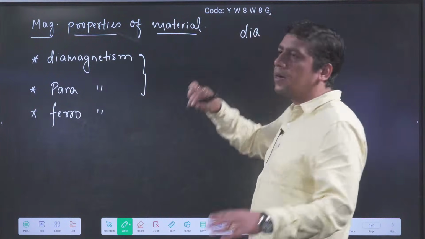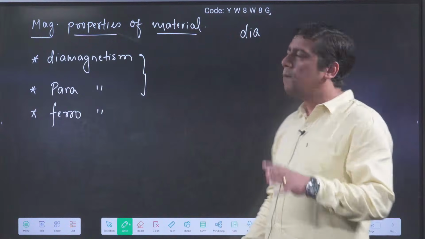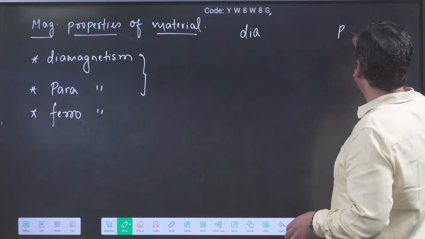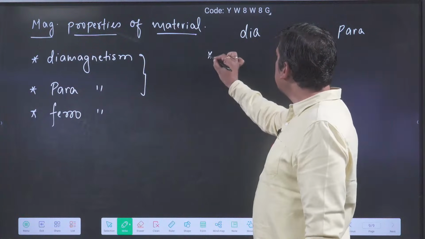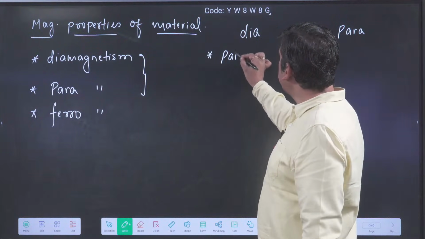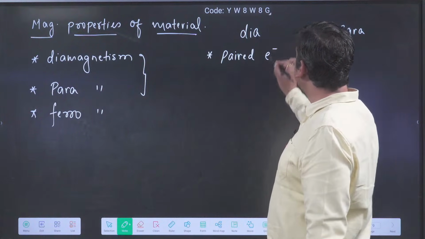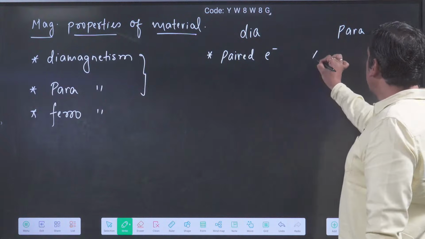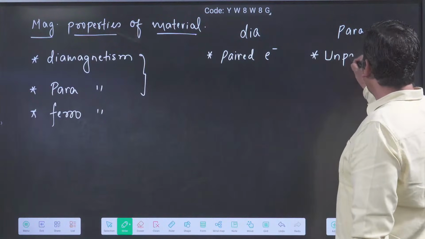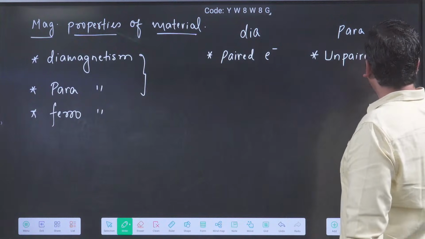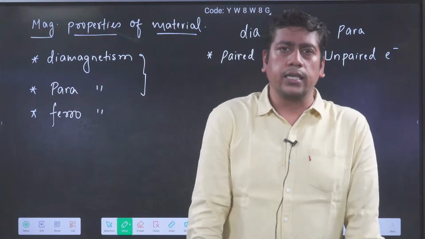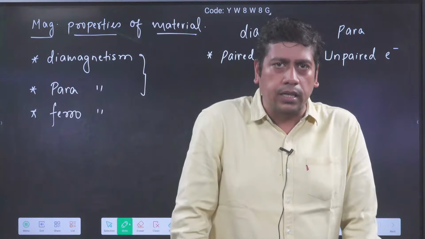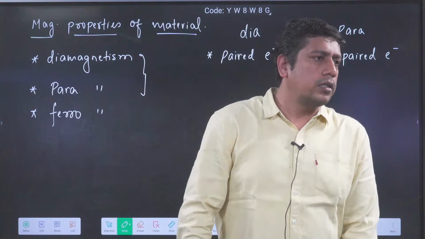Just like I compared polar and non-polar, I'm going to compare diamagnetic and paramagnetic. At the atomic level, these will have paired electrons, and these are going to have unpaired electrons. Diamagnetic substances at the atomic level, their atoms are going to have paired electrons.